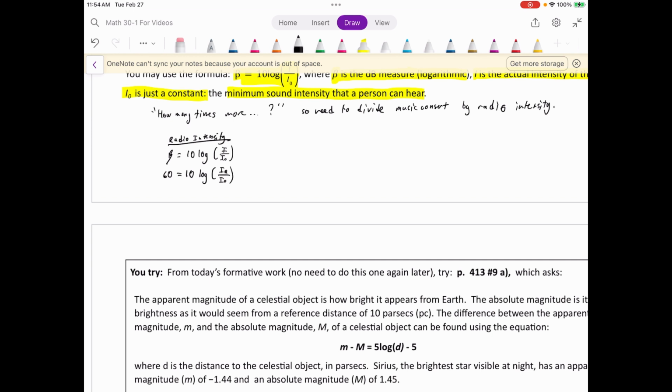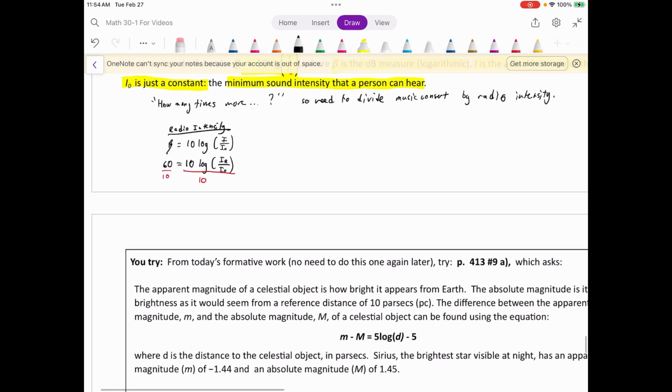So solving for I radio, if I divide both sides by 10, that's actually why we call it a decibel. Deci means 1/10 of a bell. It's that 10 in the formula. Divide by 10. So 60 over 10 is 6. So 6 equals log of I radio over the threshold intensity.